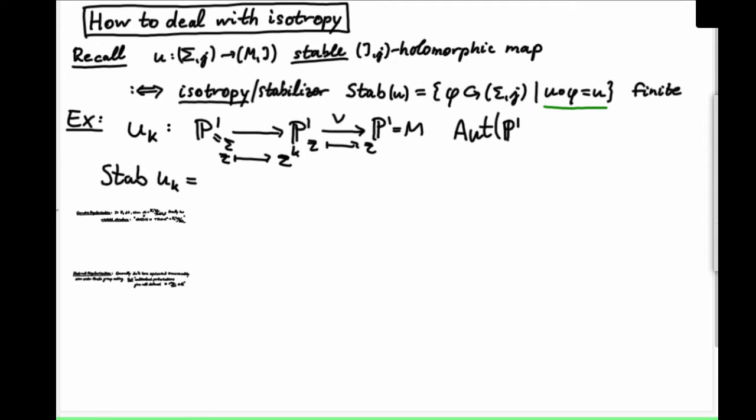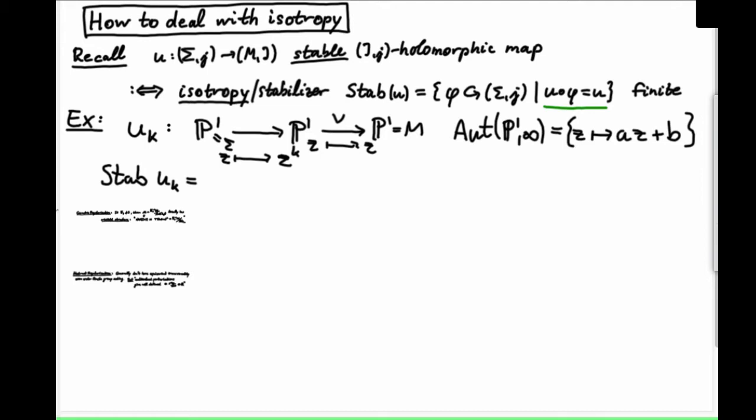So within that four-dimensional automorphism group, let's look at the stabilizers. Those are all Möbius transformations of a particular easy form.